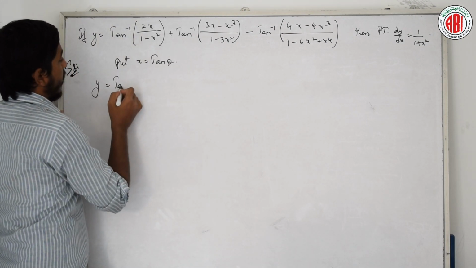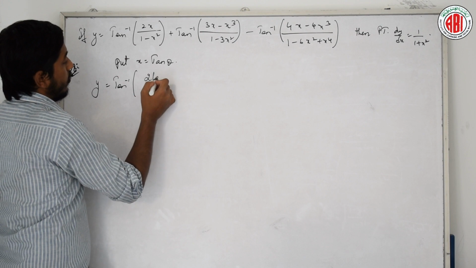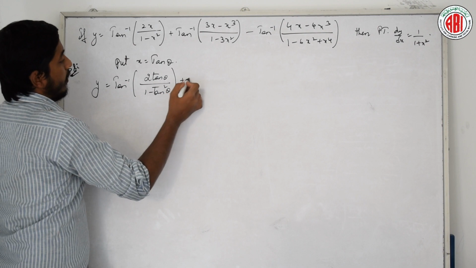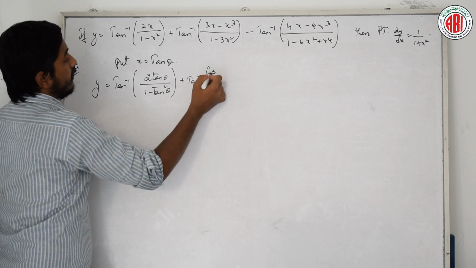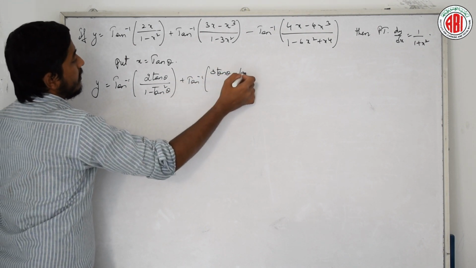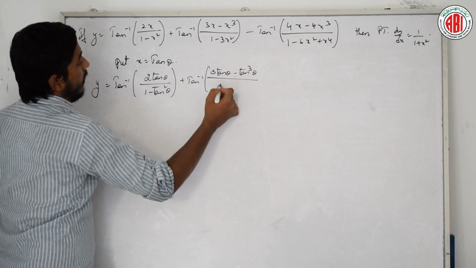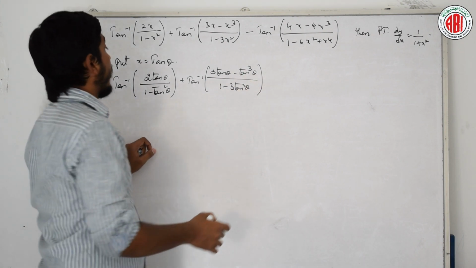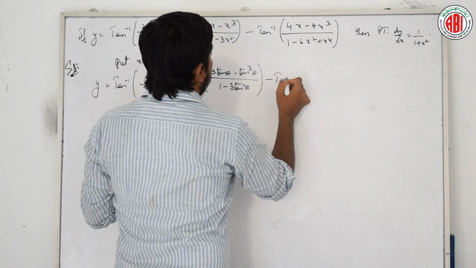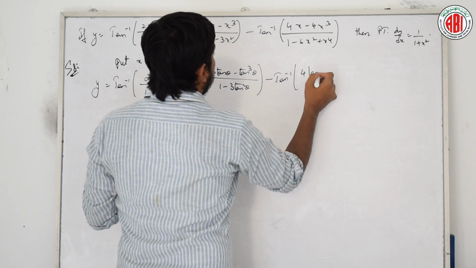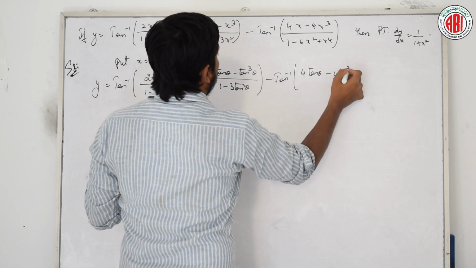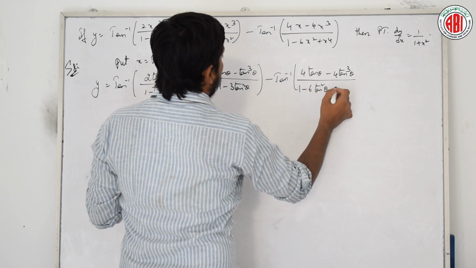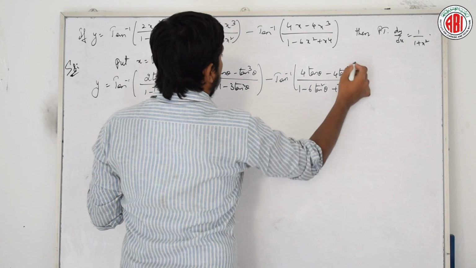y is equal to tan inverse of 2 tan theta by 1 minus tan square theta, plus tan inverse of 3 tan theta minus tan cube theta by 1 minus 3 tan square theta, minus tan inverse of 4 tan theta minus 4 tan cube theta by 1 minus 6 tan square theta plus tan power 4 theta.